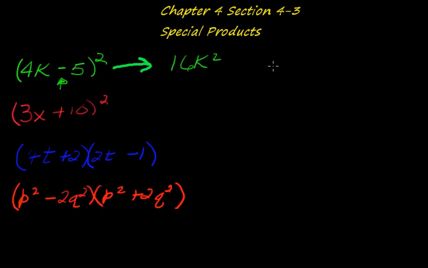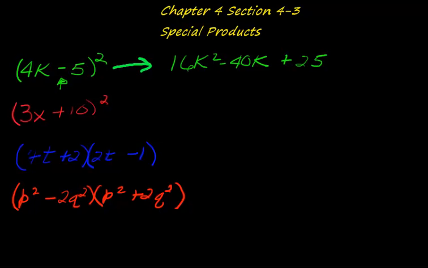I'm going to square the last term, careful, which is minus 5. So squaring it is plus 25. Now what is the middle term going to be? Well, it's going to be negative a times b, which is negative 20k, times 2, which is negative 40k.